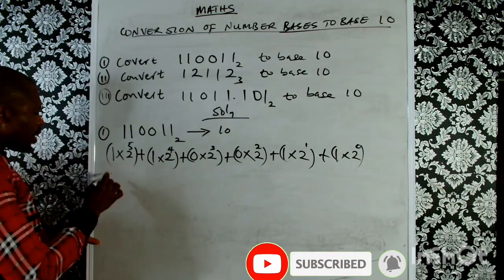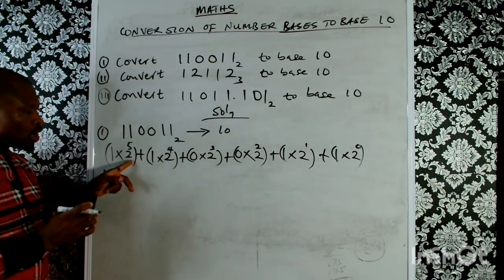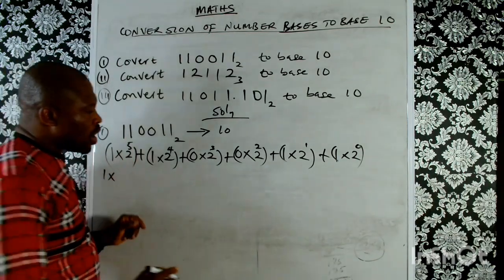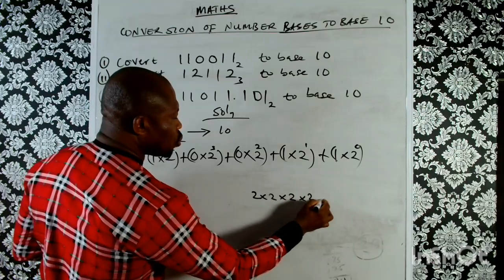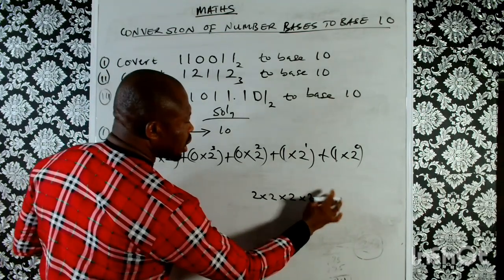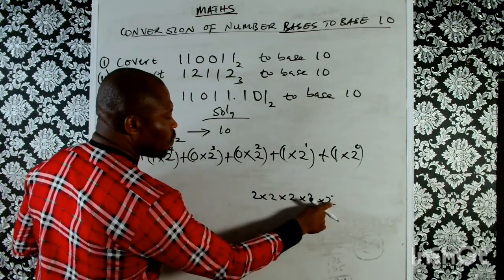Now this one is 1 times 2 raised to the power of 5. And of course, 2 raised to the power of 5 is 2 times 2 times 2 times 2 times 2, 2 in 5 places: 1, 2, 3, 4, 5.